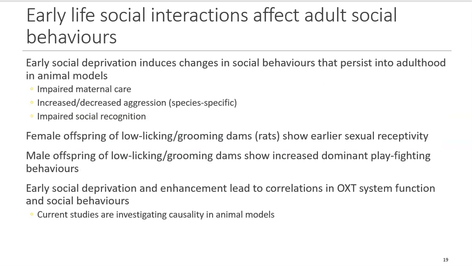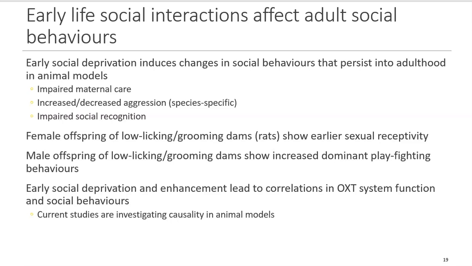So finally, we're going to talk about some of the early life social interactions that can go on to affect adult social behaviors. So early social deprivation induces changes in social behaviors that persist into adulthood in animal models. So this would be impaired maternal care, increased or decreased aggression.